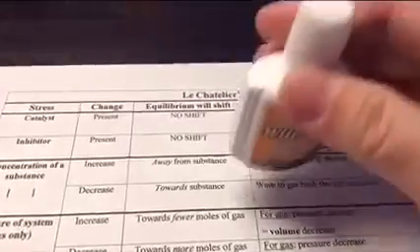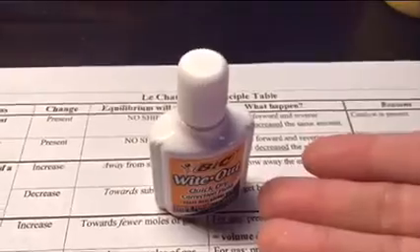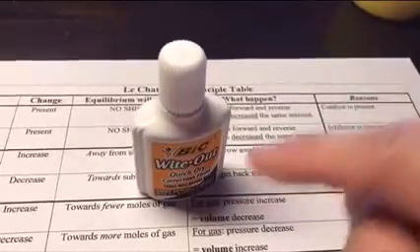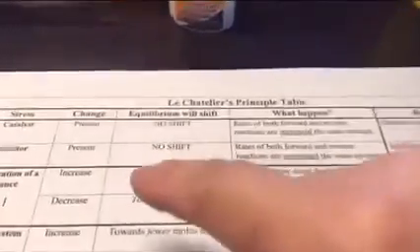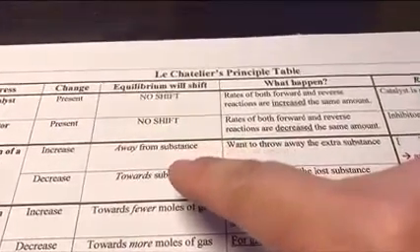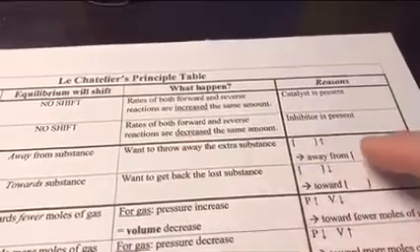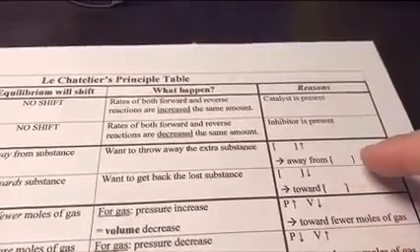Now I suddenly increase the concentration of your food, and because you were already happy, you don't want to stay with this. You want to stay away from that substance that I gave you. So if I suddenly increase the concentration, you will shift away from it because you want to throw away the extra. So the reason you can write is that because the concentration increased, I want to stay away from that substance.